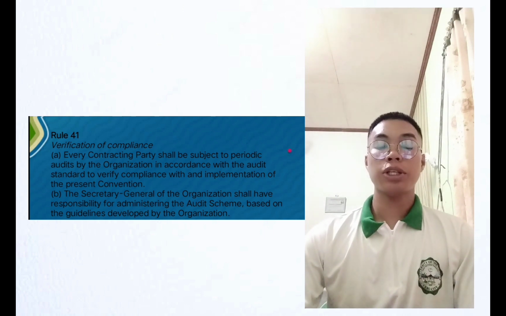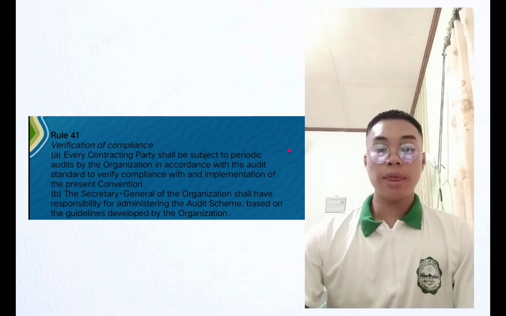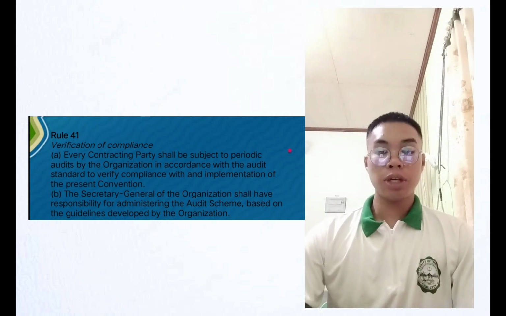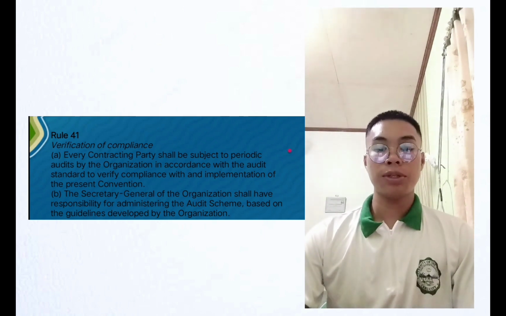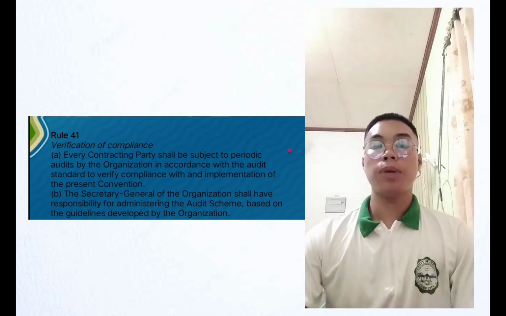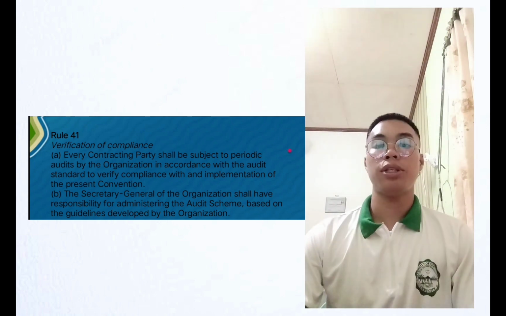Every contracting party shall be subject to periodic audits by the organization in accordance with the audit standard to verify compliance with and implementation of the present convention. The Secretary-General of the organization shall have responsibility for administering the audit scheme based on the guidelines developed by the organization.